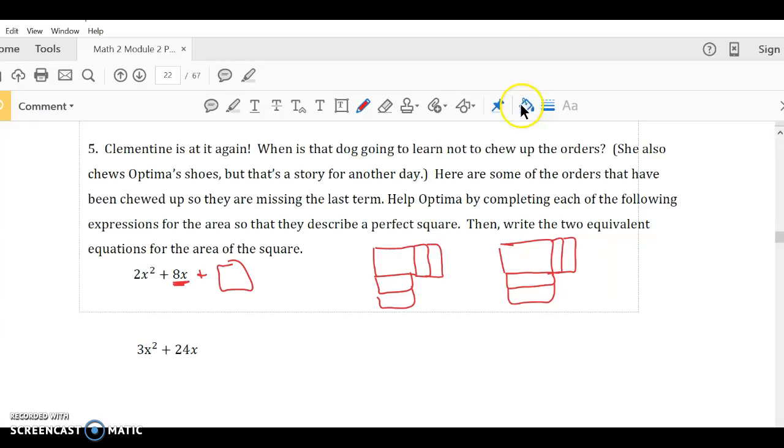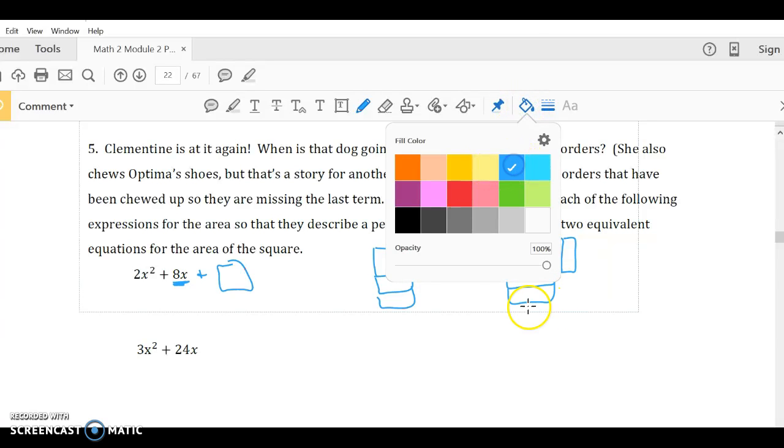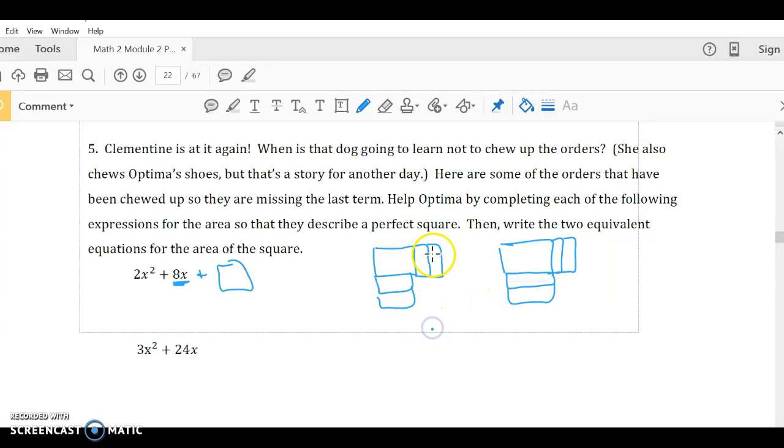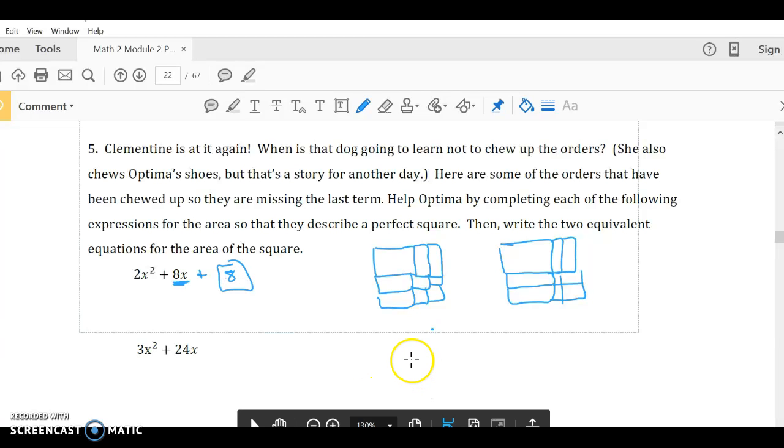So now when you think about this, how many little ones do I have to put in here? 4 here and 4 here. So how many did I have to add to make 2 perfect squares? I had to add 8.